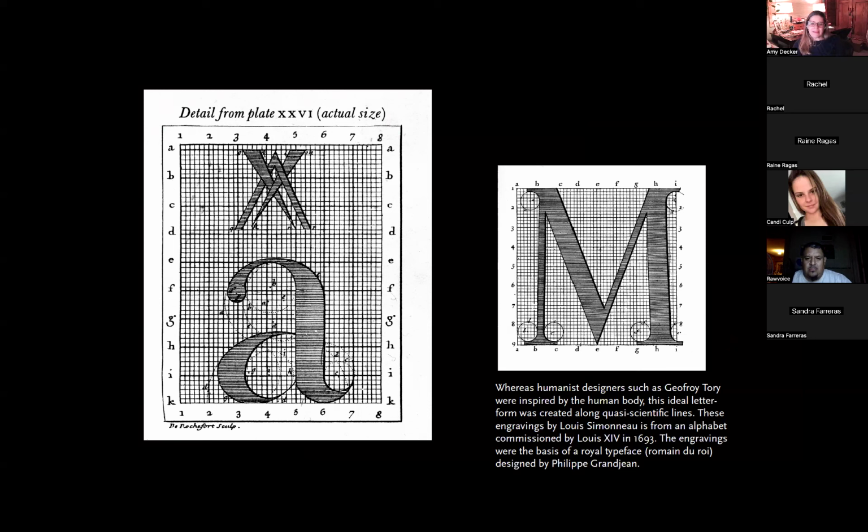And so he was looking at the human body, and then these engravings by Louis Simonneau are from the Alphabet Commission by Louis the, what is this, 14th in 1693. The engravings were the basis of a royal typeface designed by Philippe Grandjean. And so here we get even more technical with our drawings, less humanistic, more scientific in this example.